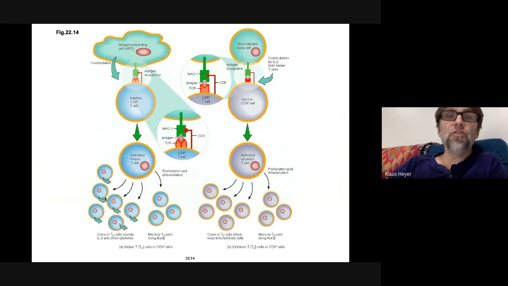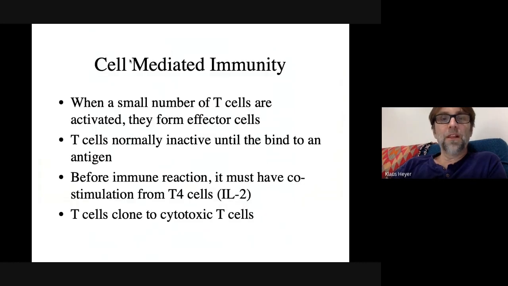And so what do the T8 cells do? Now I'm looking at this one, like, why do I have this whole thing? That looks a little complicated. Let's talk about what the T8 cells do. When the T8 cells get activated, when they see that antigen presenting cell, they start cloning.